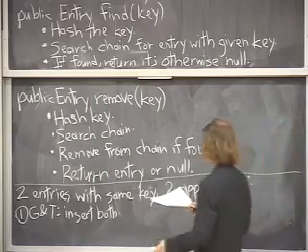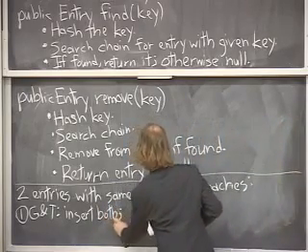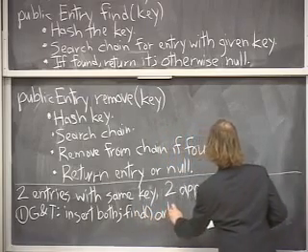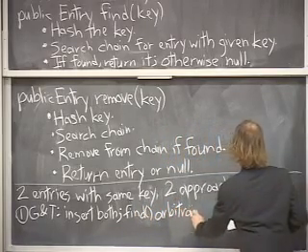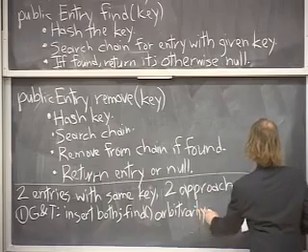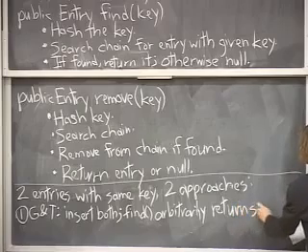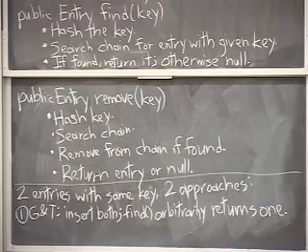Whichever one happens to be first in the chain will probably do. And in fact, Goodrich and Tomassia also provide a find all operation, which, if you want, will allow you to enumerate all of the items matching a certain key in the hash table. So if you want all of them, they give you a way to do that.